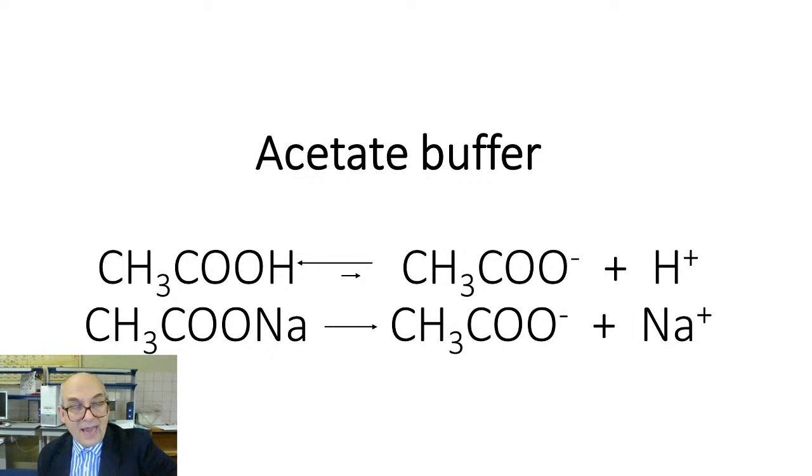Approximately. And roughly speaking, we can say that the number of moles of acetate anion is equal to the number of moles of the salt, but the number of moles of the neutral acid molecules CH3COOH is equal to the initial number of moles of the acetic acid.